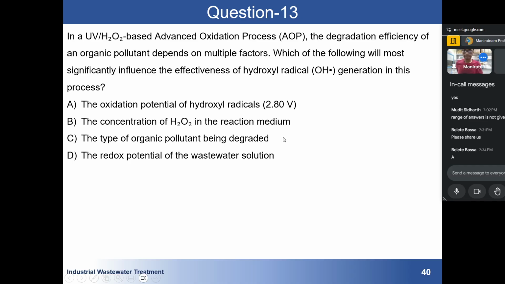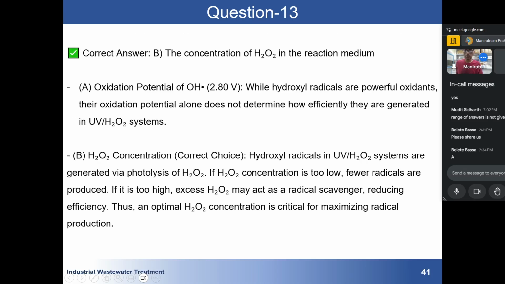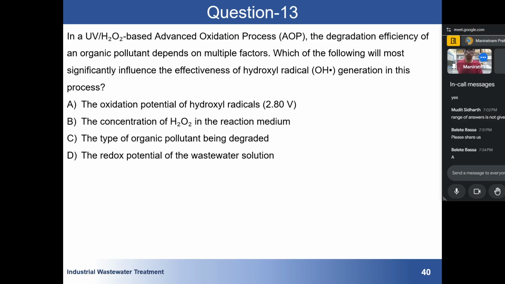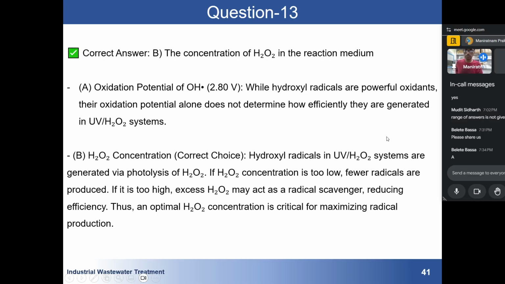In UV wastewater oxidation, the degradation efficiency of organic pollutants depends upon multiple factors. Which of the following will most significantly influence the effectiveness of radical generation in the process? The correct answer is B, not A. Oxidation potential: while hydroxyl radicals are powerful oxidants, their oxidation potential alone does not determine how efficiently they are generated.